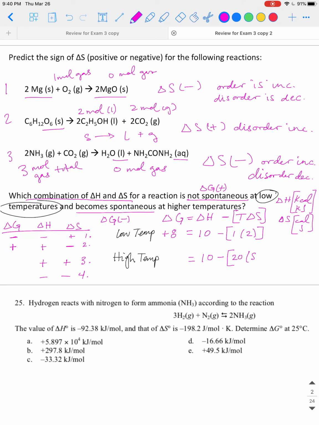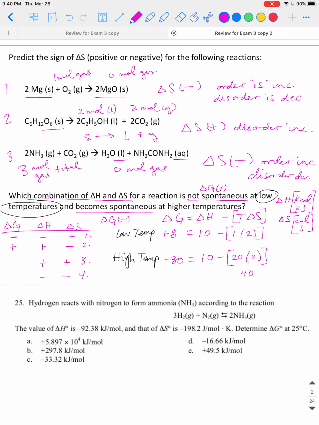I'm not going to change my delta S, which should be a 2. So plug in 2 again. Now let's do the math and see what the sign on delta G is. 10 minus 20 times 2, which is 40. And remember there's a minus sign here. So 10 minus 40 gives us negative 30.